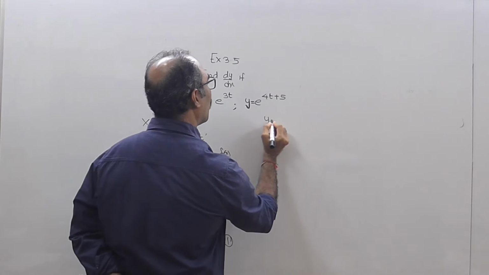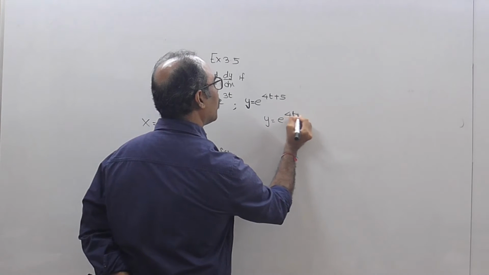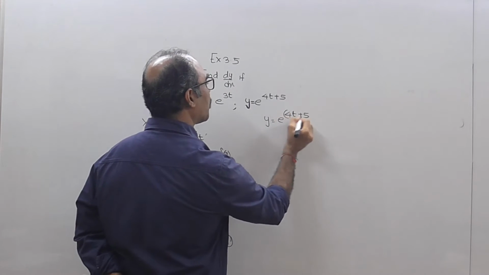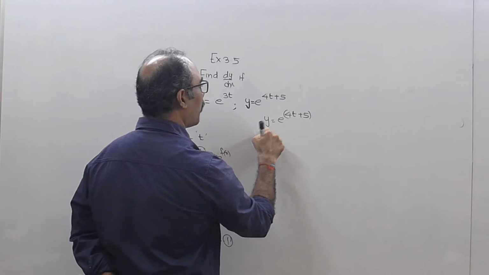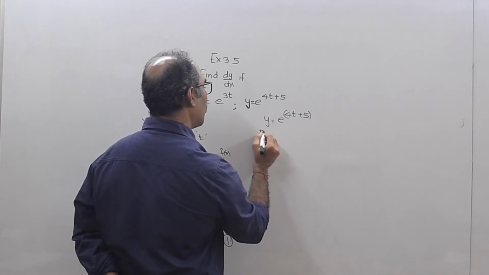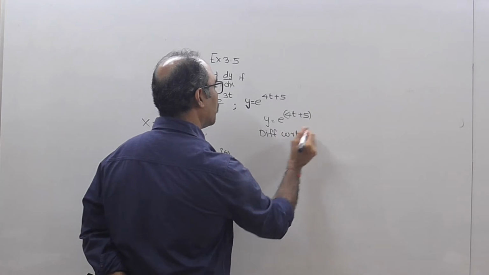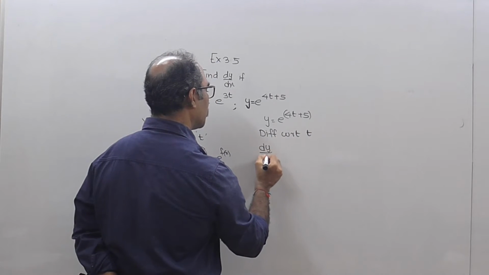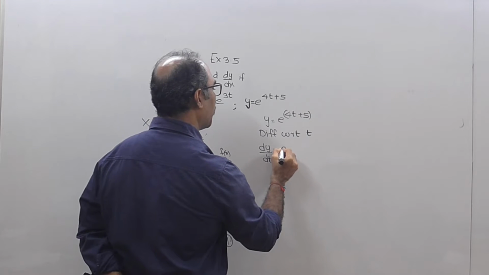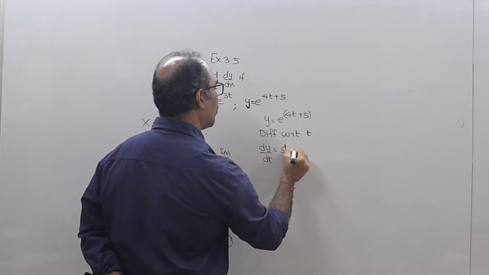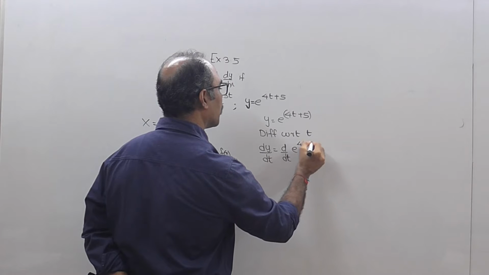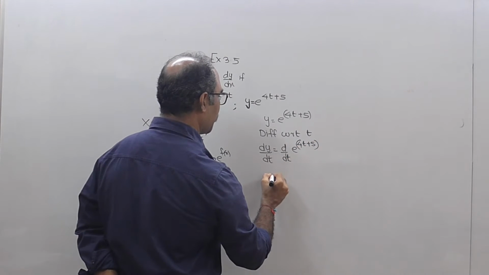Next you have y equal to e power 4t plus 5. It is in the form of y equal to g of t. So I will write here, differentiate with respect to t, dy by dt equal to d by dt of e raised to 4t plus 5.